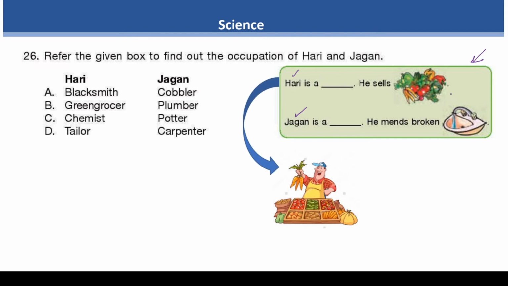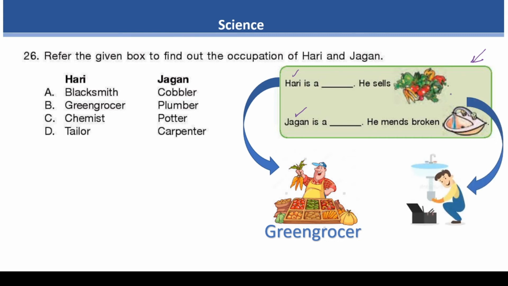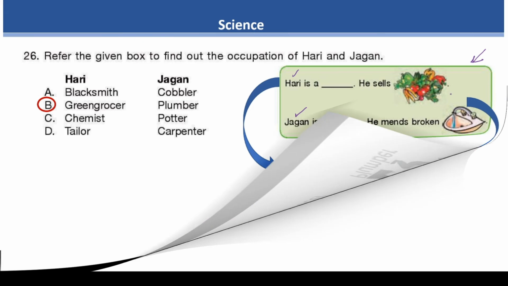Well, Hari is a greengrocer or vegetable vendor because he's selling vegetables. And Jagan, who's fixing a broken sink, is a plumber. So the professions are given in option B correctly.